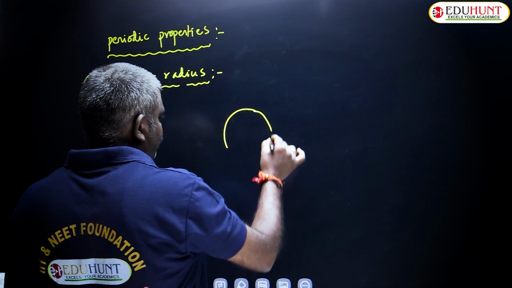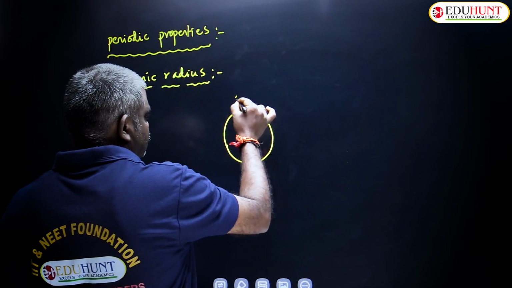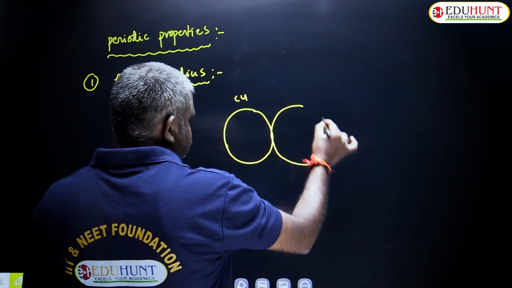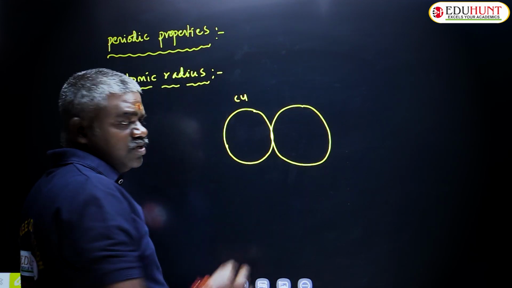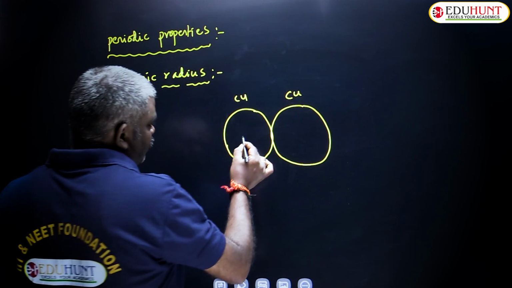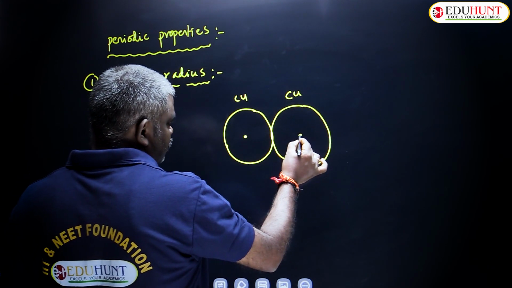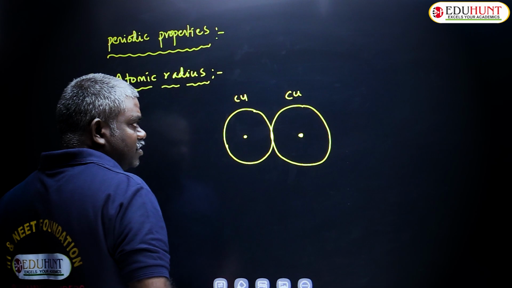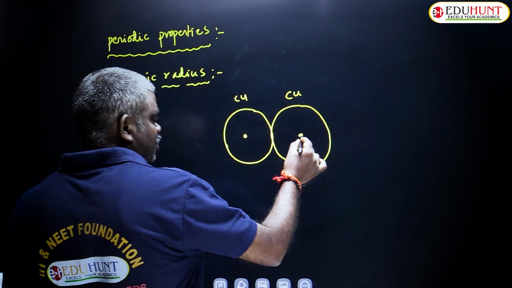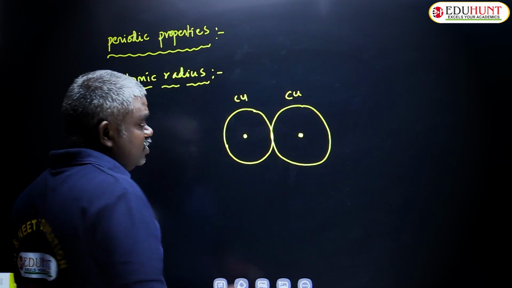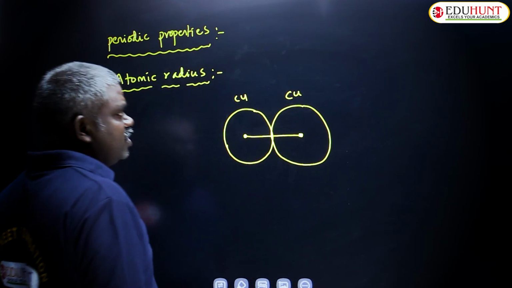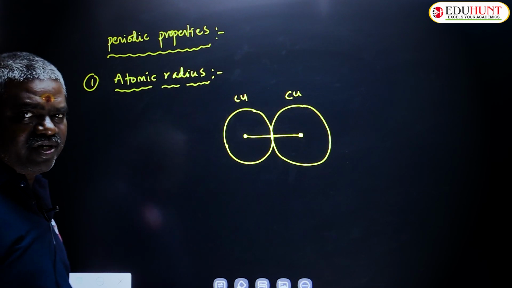See, a copper atom, copper metal, another copper atom, two copper atoms. Here is one copper, here another copper. This is the nucleus, the center of the copper. This is another nucleus, another center of the copper. It is the distance between the two centers of the two nuclei of copper atoms.